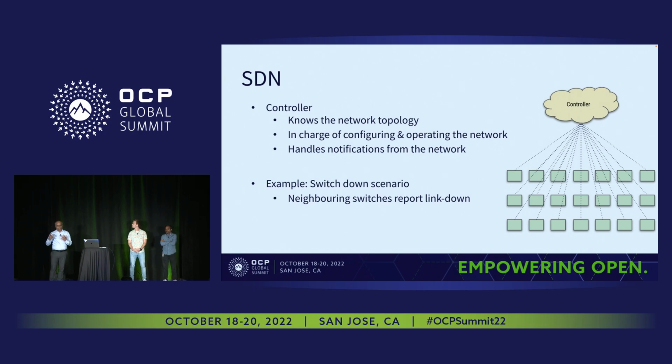So in an SDN kind of network, the controller knows about the network topology. A controller is generally deployed in a single domain where there is full knowledge about the domain, and there is a single administrator taking care of it. So it's in charge of configuring and operating the network.